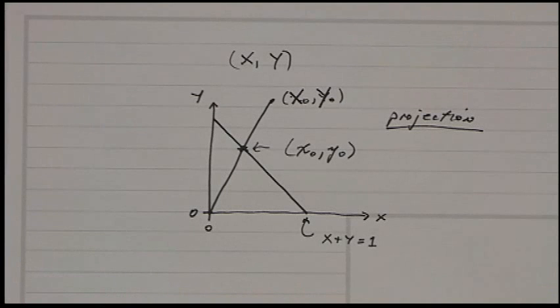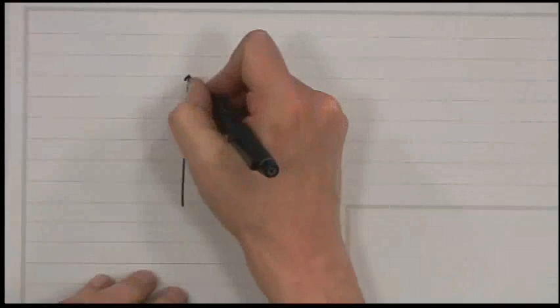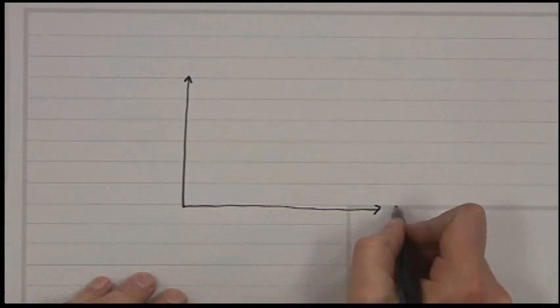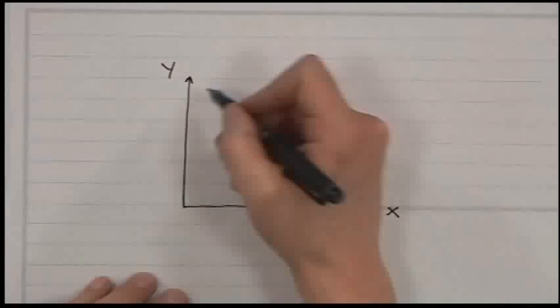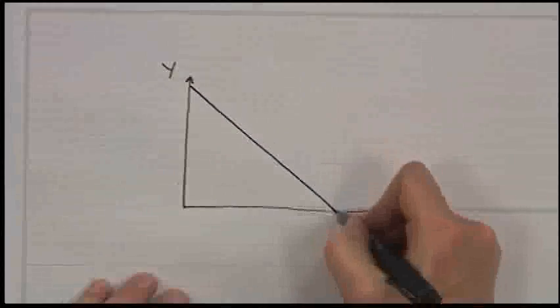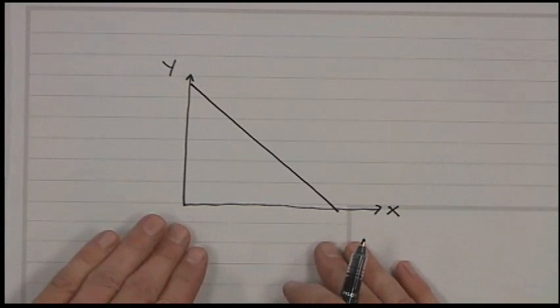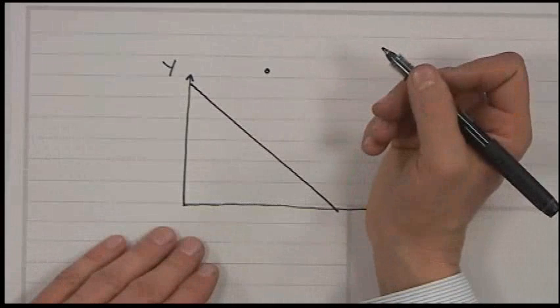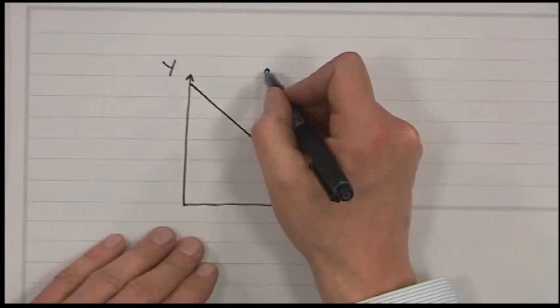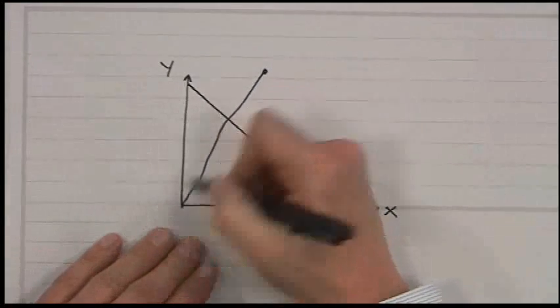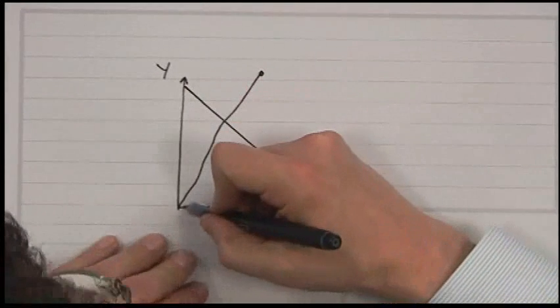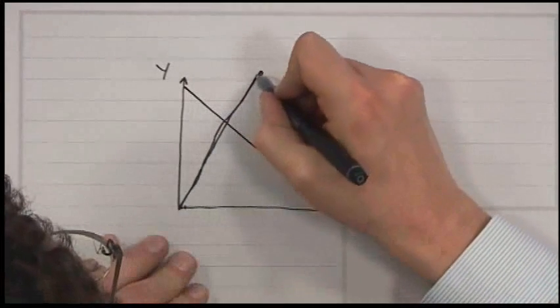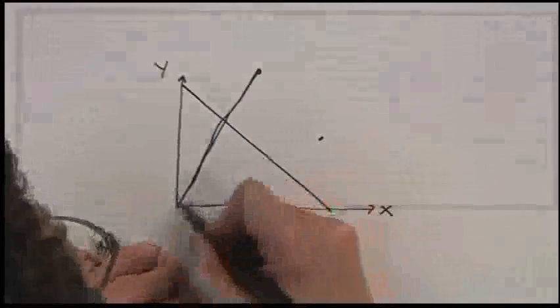Now, the other thing that's the case is that if I take this diagram, this is x and this is y. This is just a two-dimensional case, but the same concept is true in 3 dimensions. This is color 1, and this is color 2.